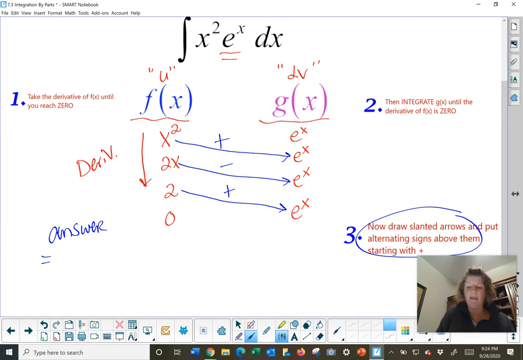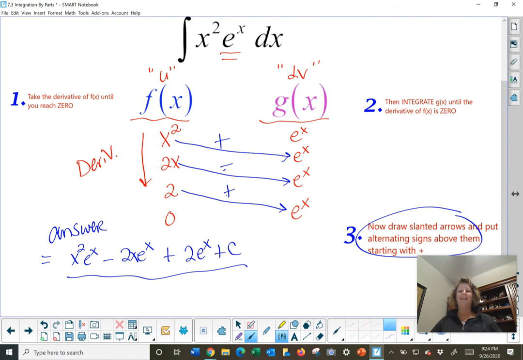So I'd have x squared e to the x that's positive, minus 2x e to the x, and then I make this positive, plus 2 e to the x plus c, and I'm done. This tabular method is wonderful, easy to do.